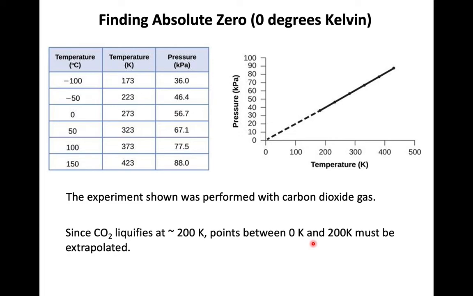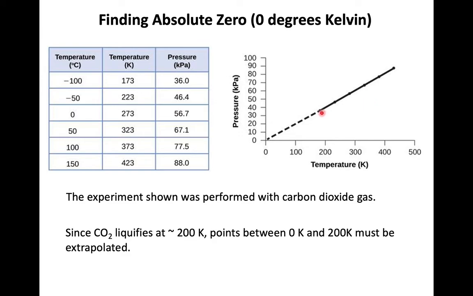What you're going to do today is use this to figure out what absolute zero is on the Kelvin scale. If we look at this particular set of experiments, it was done with carbon dioxide gas, and we plot 1, 2, 3, 4, 5, 6 points here, starting around 400 Kelvin. And we look at these different plots and obtain a linear fit, and we should get absolute zero if everything was done properly.